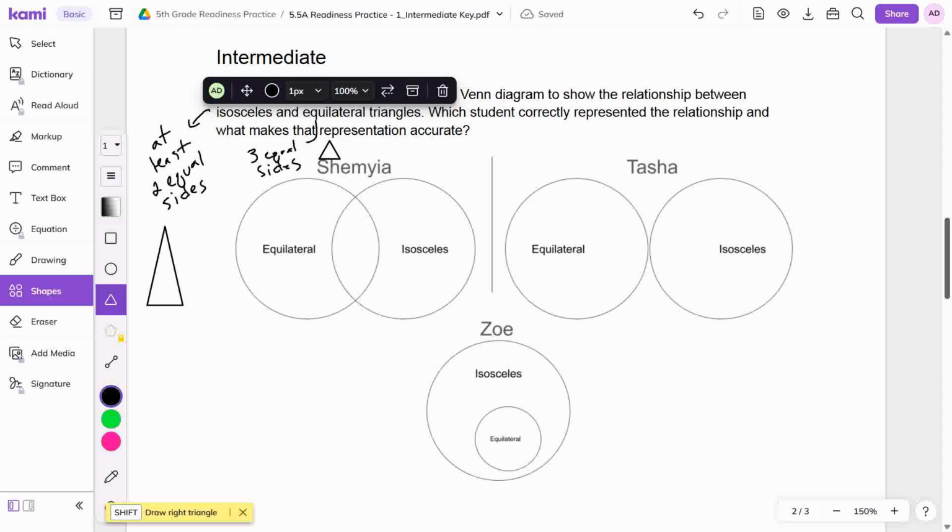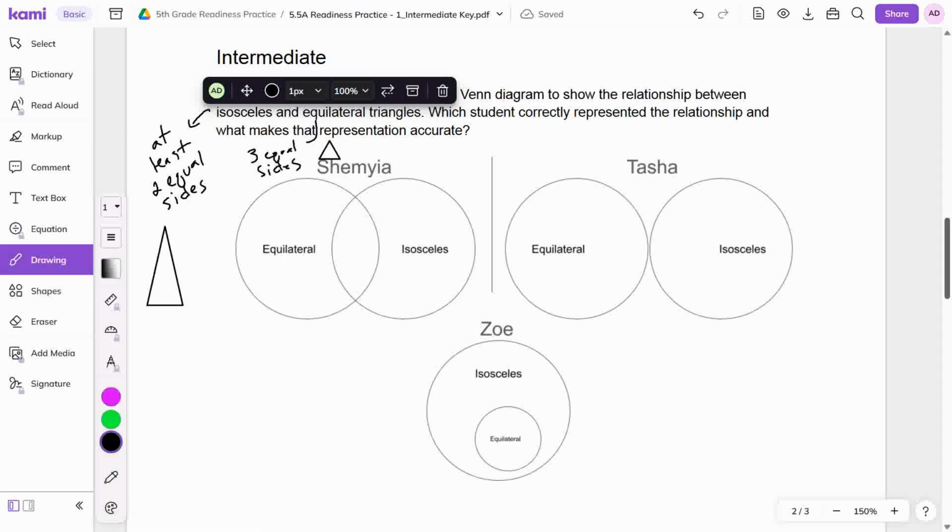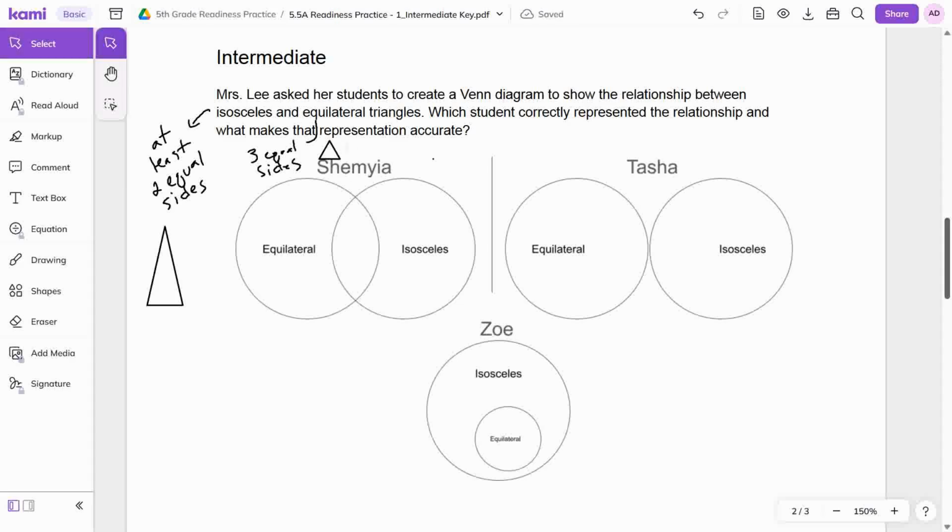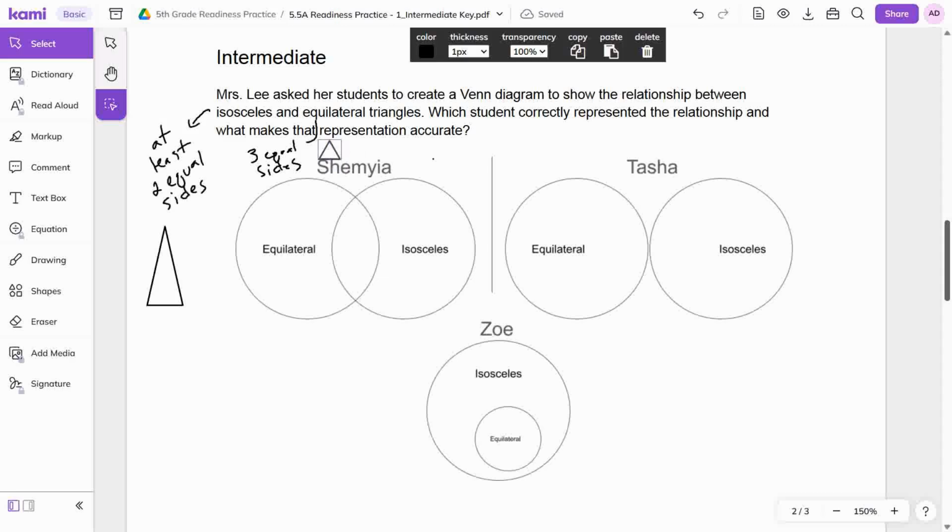Now, here's the thing. You notice that I said at least two equal sides. So which of these three is going to be correct? Well, if I have an equilateral triangle, let me take my equilateral triangle, copy it, and paste it right down here.